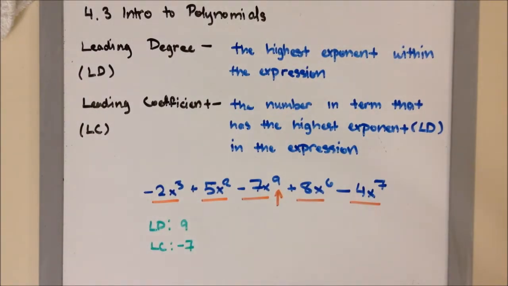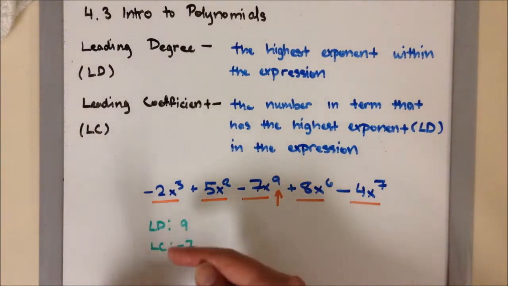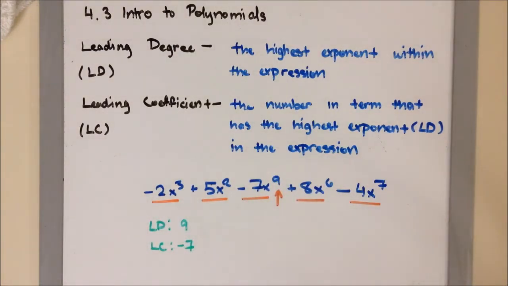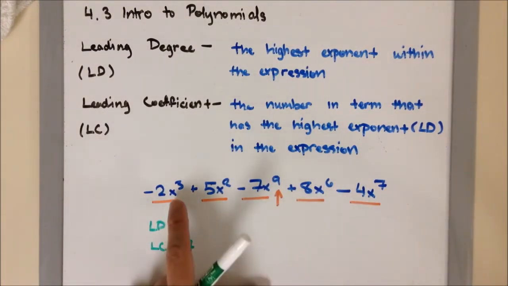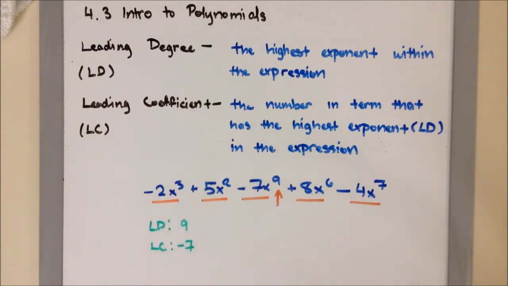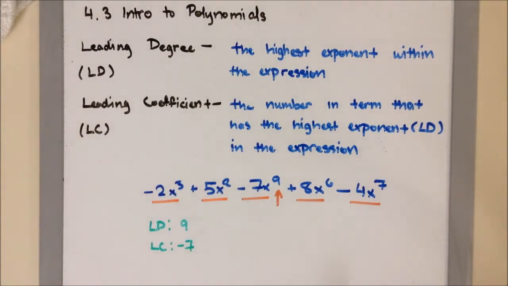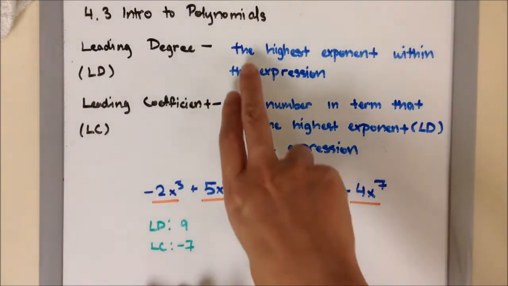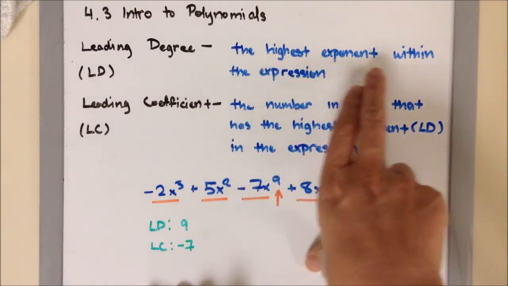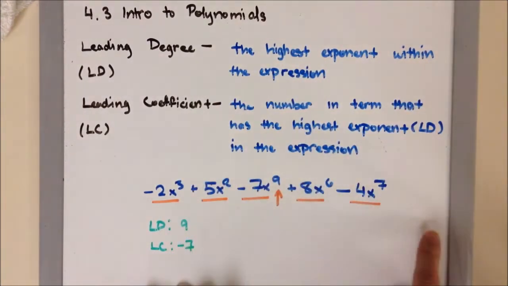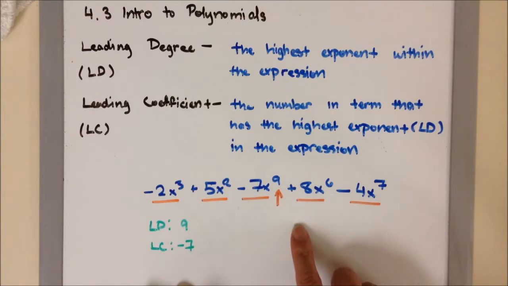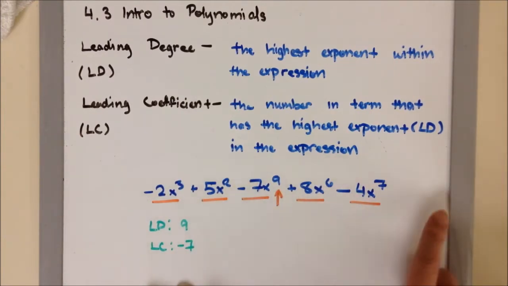Which is pretty simple as what I just did here. But in the past, I had students that mix up the two, or that would assume that the first exponent is the leading degree because they confuse that the leading degree is the one that comes first, which is not true. I specified that it has the highest exponent within the expression. So in this expression, it's not in order.